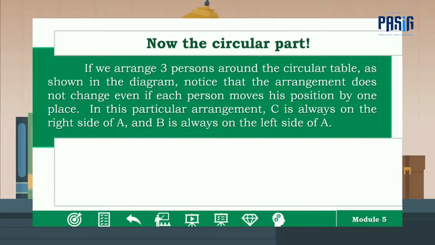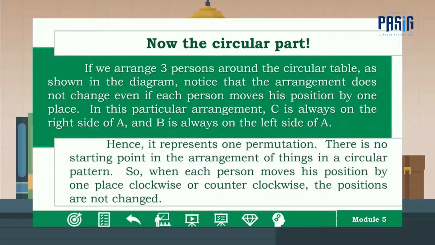In this particular arrangement, C is always on the right side of A, and B is always on the left side of A. Hence, it represents one permutation. There is no starting point in the arrangement of things in a circular pattern. So, when each person moves his position by one place clockwise or counterclockwise, the positions are not changed.